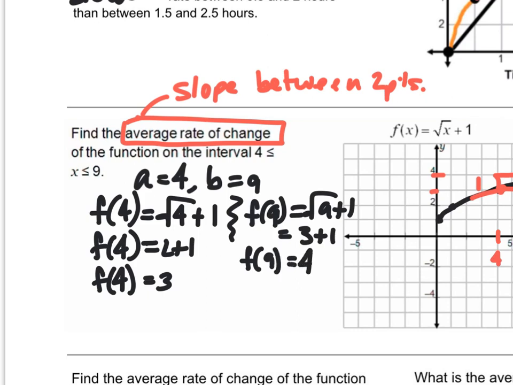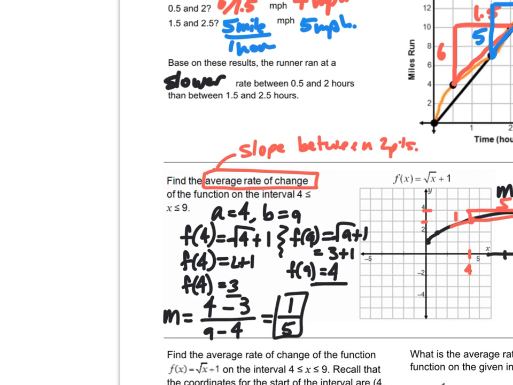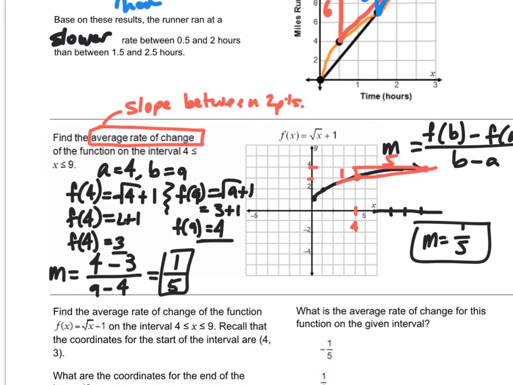If I wanted to find the slope, m, I would take my y value here, this 4, minus my 3, these are y values, and divide it by 9 minus 4. And what I end up getting here is the value of 1 over 5, and that's my average rate of change. However you want to do it doesn't matter, but that's the idea.